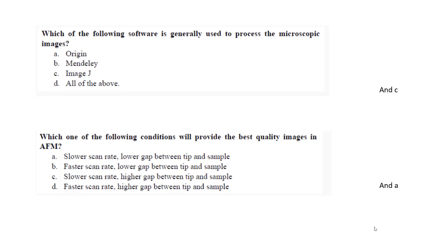If the scan rate is slower, then we will get a better quality because the speed will be less, so we'll get more pixel points, and also the lower gap between the tip and sample. The lower the gap, the more deflection we can observe. Because if the gap is higher and the cantilever is deflecting, we will not be able to observe much change. But if it is lower, the tip is near the sample, that means we are getting better results.